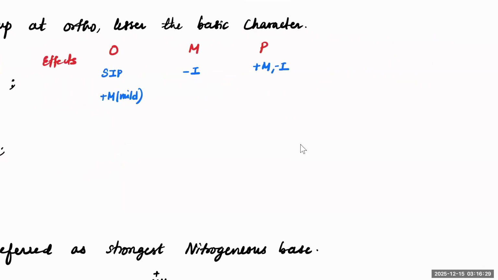Keeping this in picture, if you compare the basic character, definitely para is major because it is overall donating. Then comes hydrogen, then ortho because ortho will have slightly donating nature, and then comes meta. So ortho should have been at the end, but slightly because of its mild +M effect. But overall -I is dominating. That's why it is still away from hydrogen, but slightly better than meta.